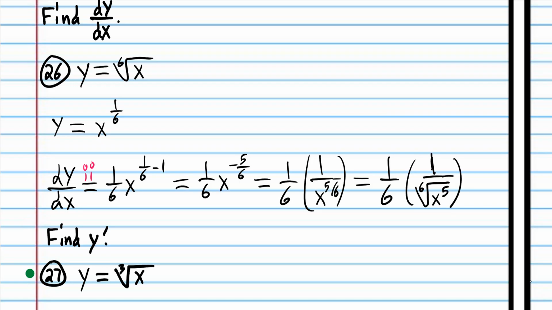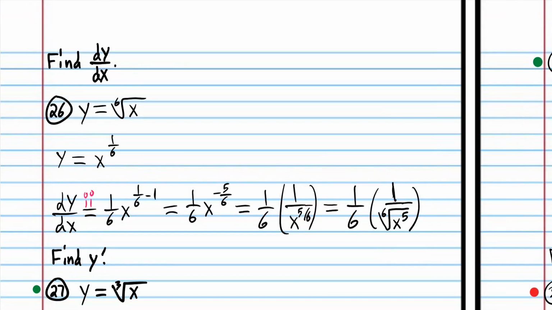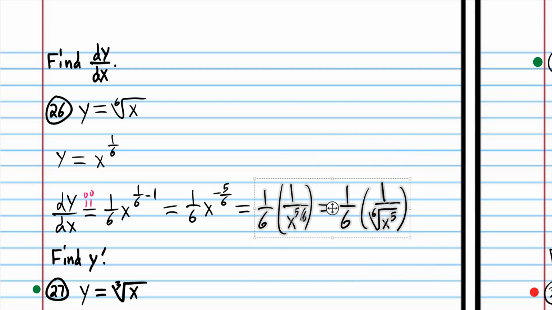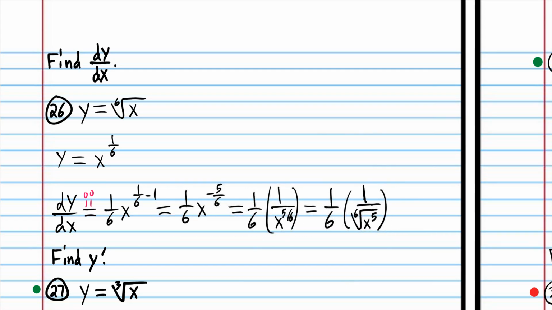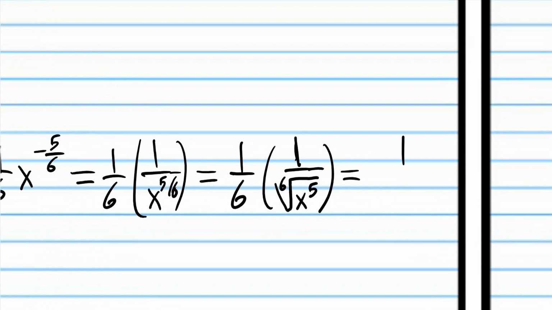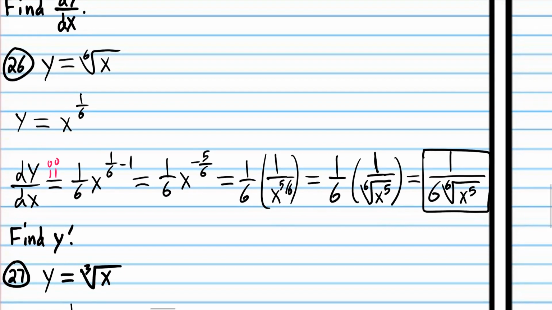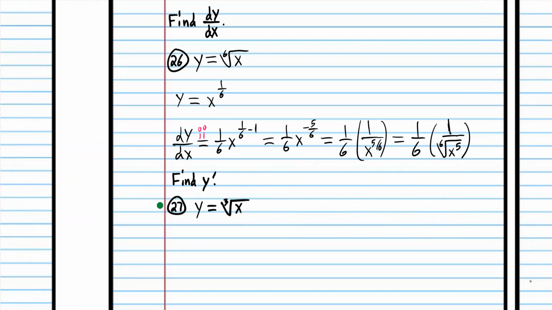You can also write it as the 6th root of x all raised to the 5th power. It's the same expression, just a different form. So we can write our final answer as one fraction, 1 over 6 times the 6th root of x to the 5th. Try number 27. When you come back, we'll do it together.